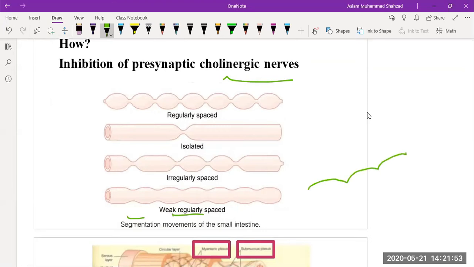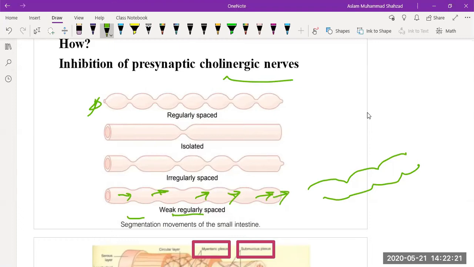There are many spaces, but weak regular spaces, and this is an example of weak regular spaces. Due to weak regular spaces there is enough space for the material to pass, so a person has to go to the toilet regularly.